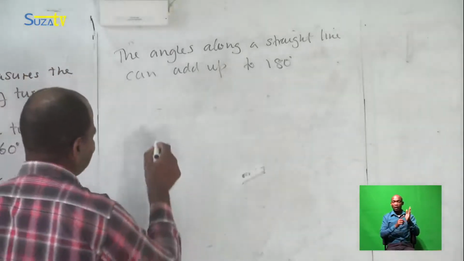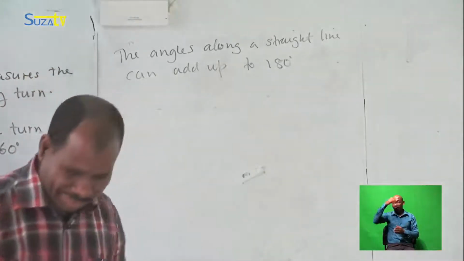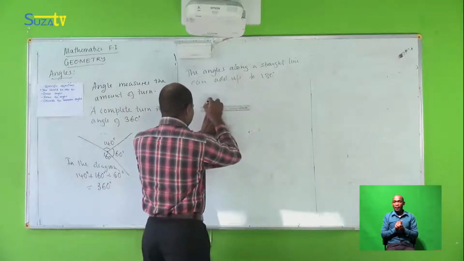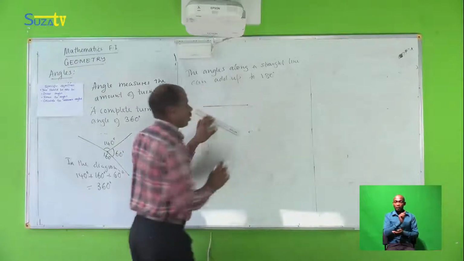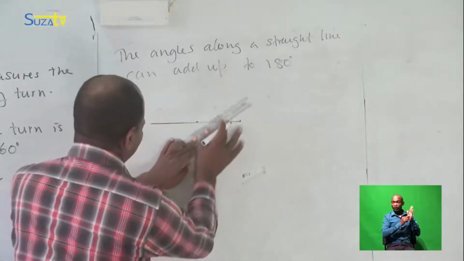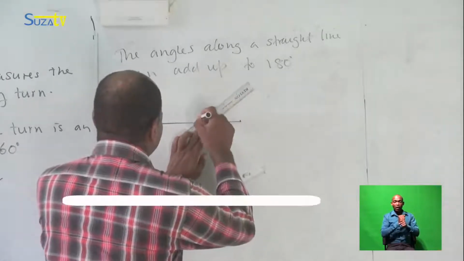It means this is a straight line. Can you do a straight line? This is a straight line. Okay? And this is the point. Now we have another angle from the point.